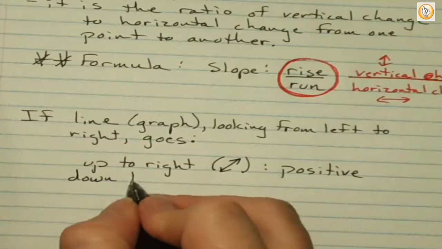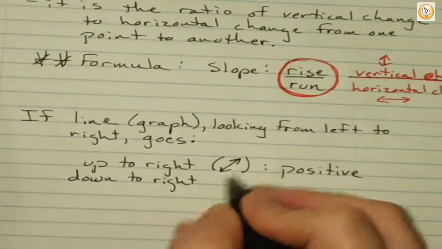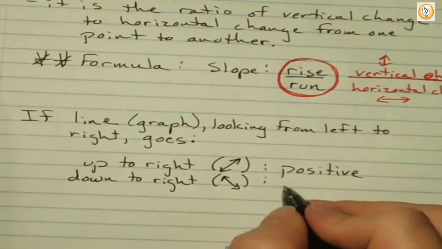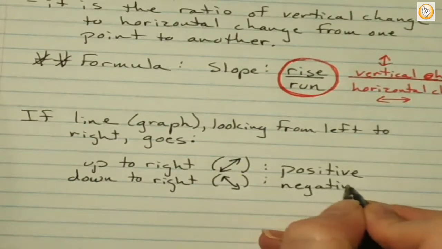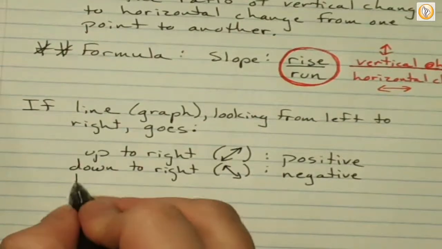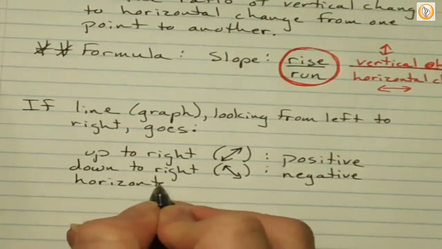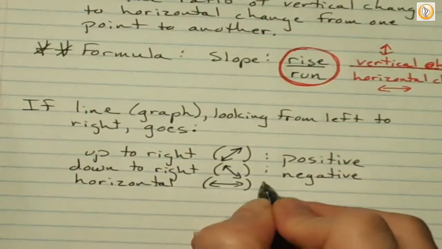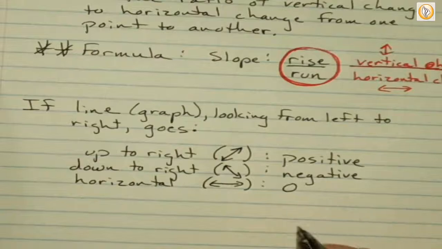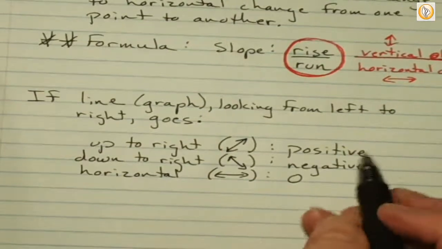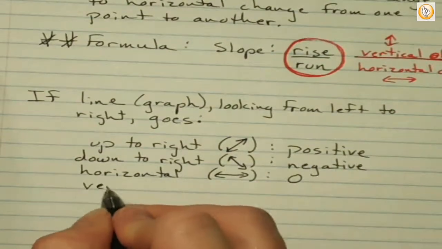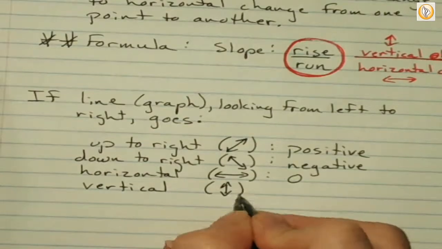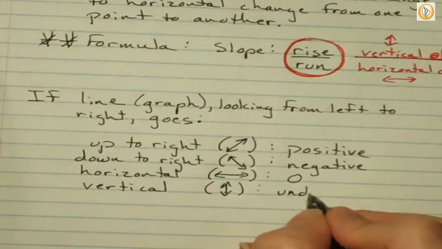Down to the right, negative. If it's a horizontal line or graph, it's 0. There's no slope. If it's vertical, it's undefined.